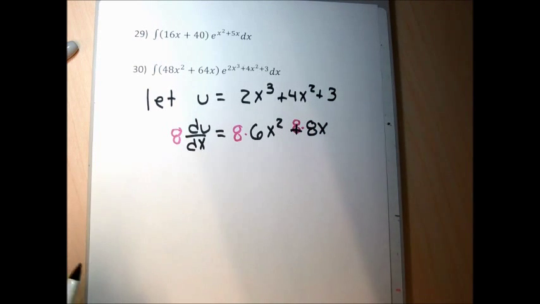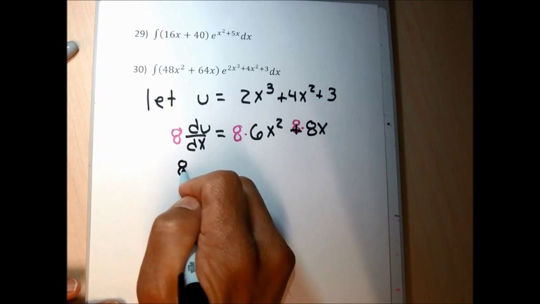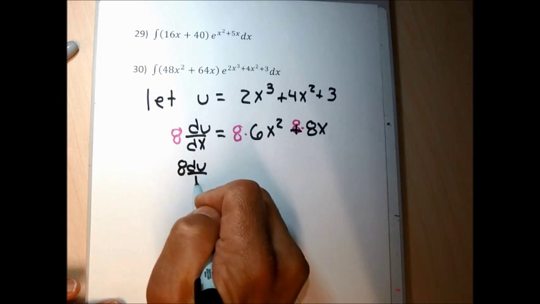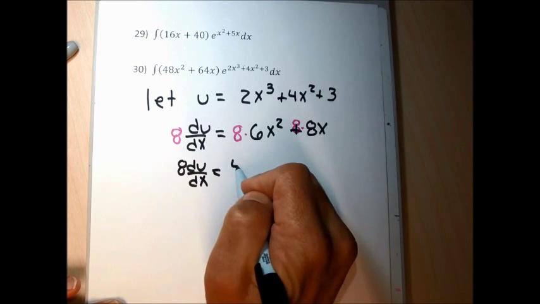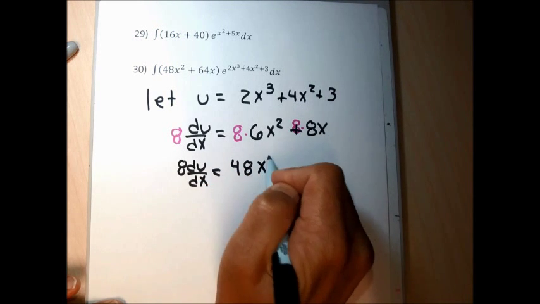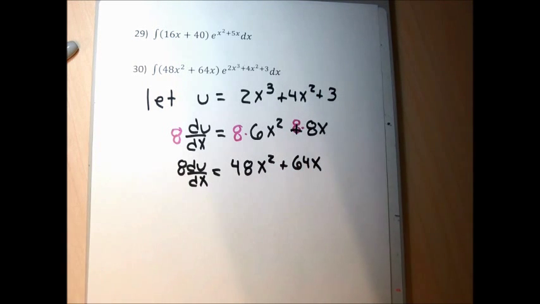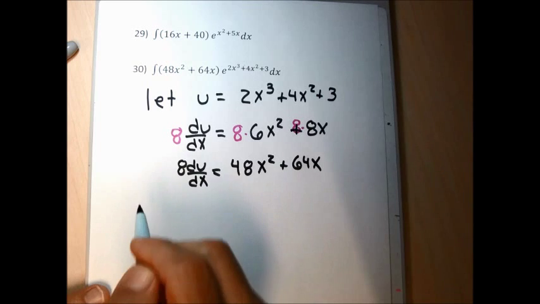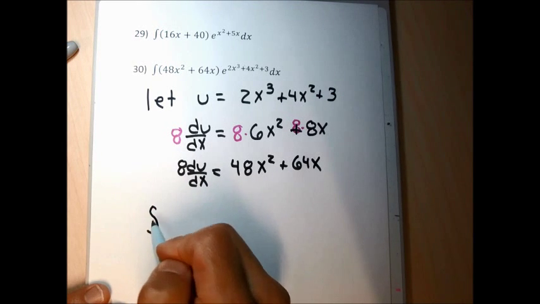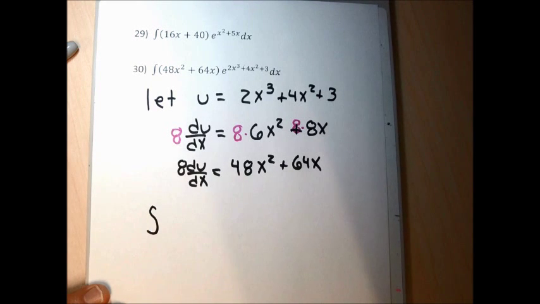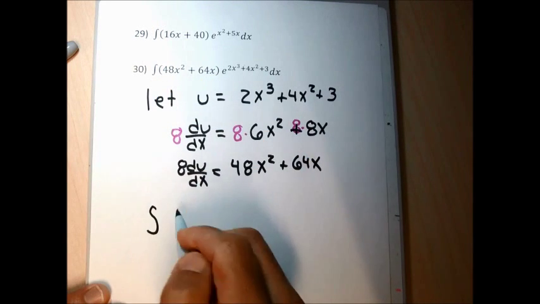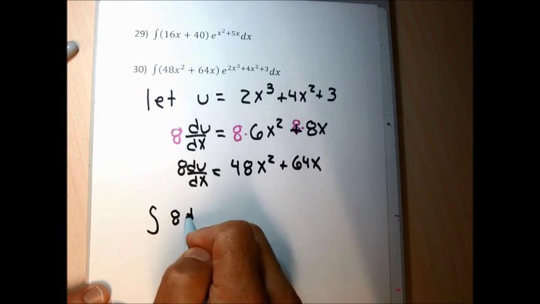And when I do that, I'm going to get 8 du dx equals 48x squared plus 64x. So in all of these problems, there has to be one number I can multiply or divide by without a letter to get what I need to fix up. So for that junk there, I'm going to put in 8 du dx.